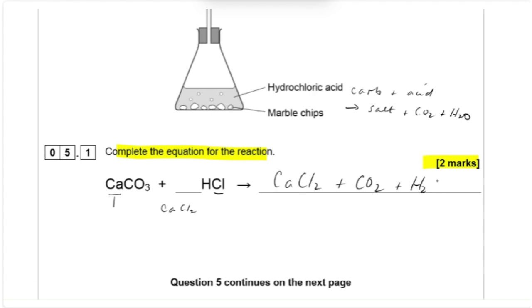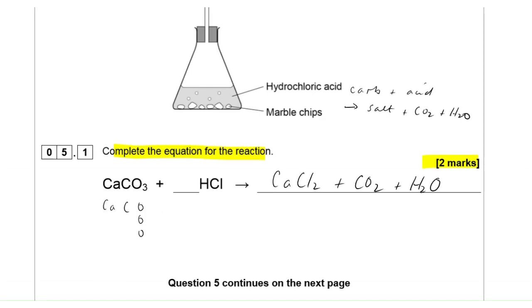Now all we've got to do is balance it, and the trick to this is to write out the individual elements below. So this is what we've got here. We've got the individual elements expanded up to show how many atoms there are in the molecules. So if we look at calcium, we can check that off. There's one each on either side of the equation.